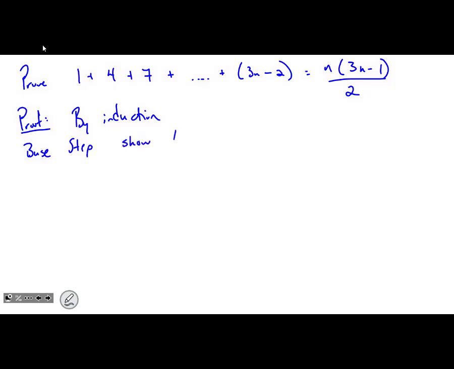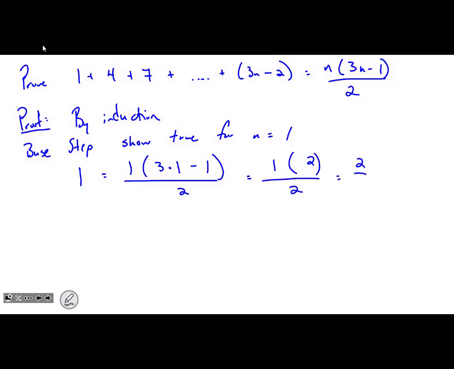That is, show true for n equals 1. So 1 should equal 1 times 3 times 1 minus 1 all over 2. That's 1 times 3 times 1 is 3, minus 1 is 2 over 2. That's 2 over 2, which is 1. Okay?